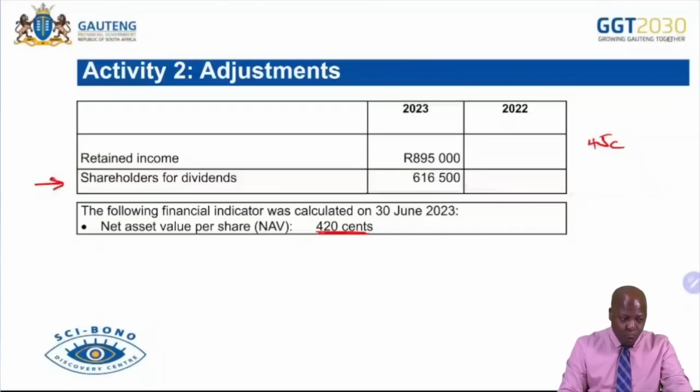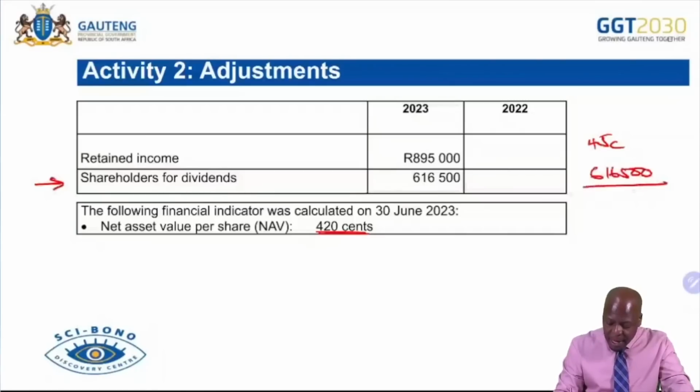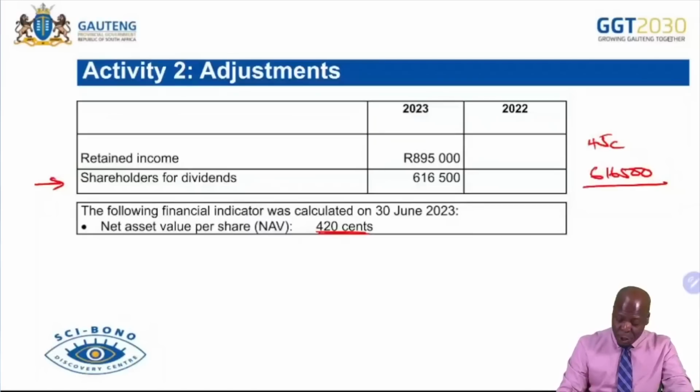So what one would do was to say, my 616,500, if I divide this by the final dividend per share of 45 cents. Remember, we had that 45 cents in the previous slide. That would give me the number of shares that were on hand to declare this final dividend, shareholders for dividends.